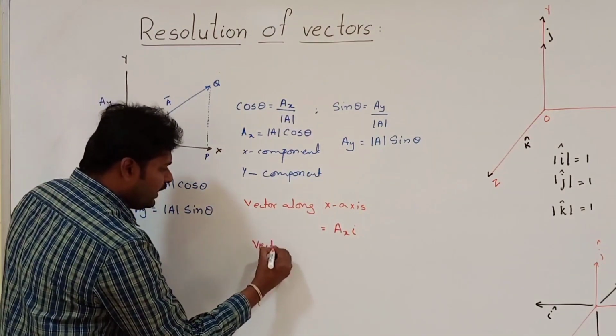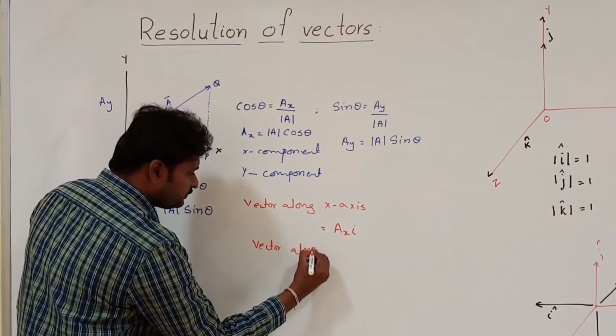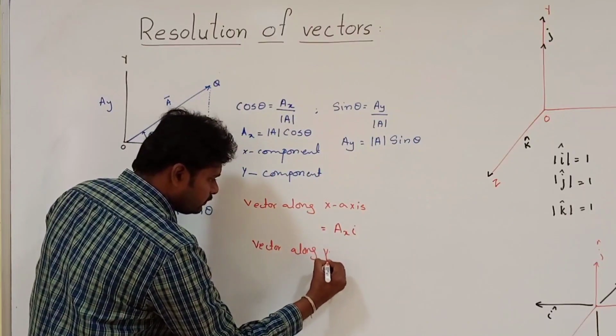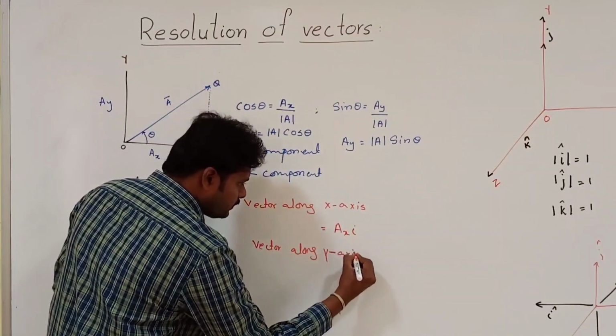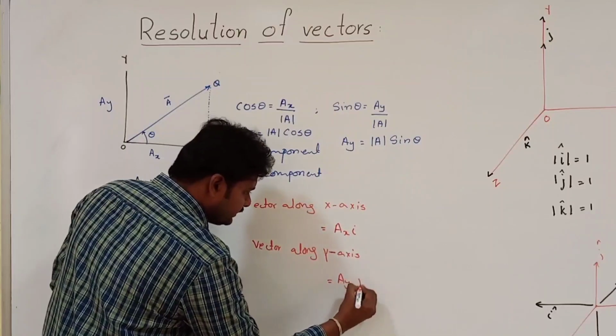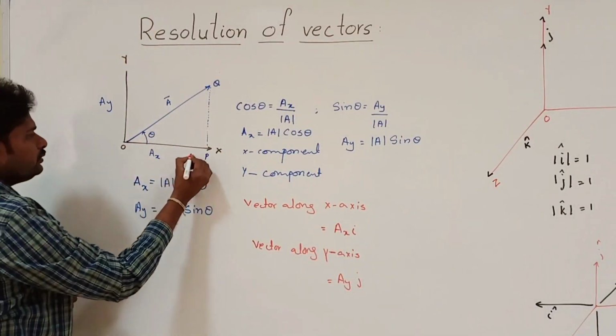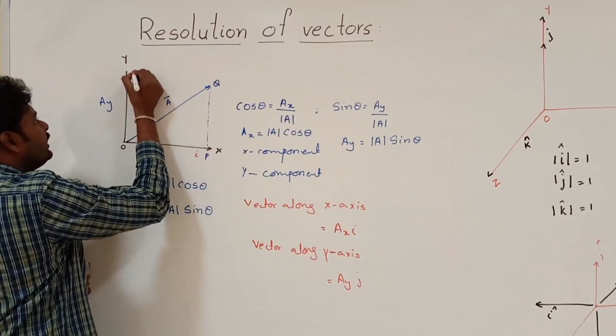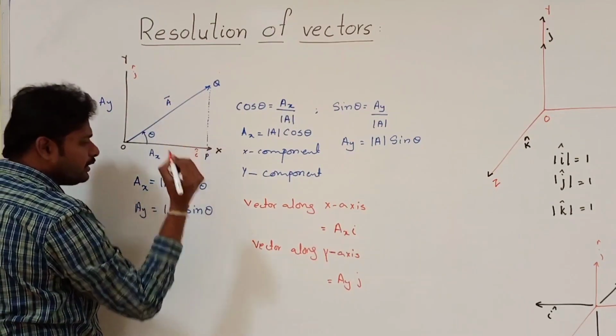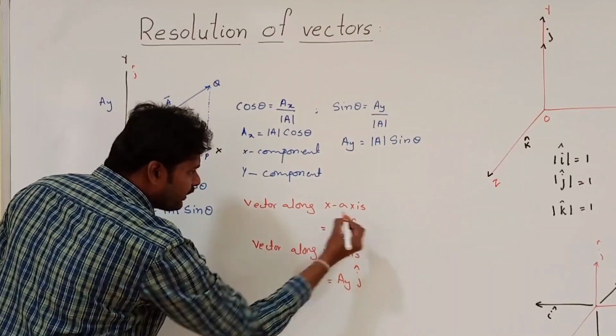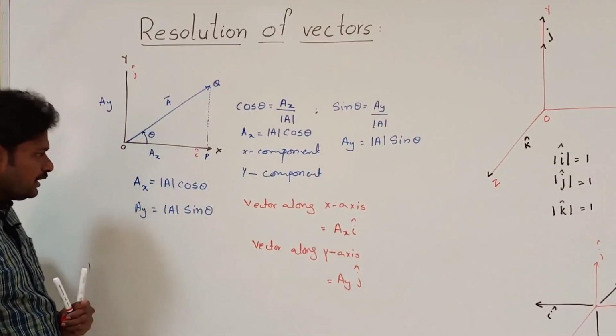Vector along the y-axis is AY j, which is pointing in the j direction. So you can write it as i cap, j cap. Cap is a representation of a unit vector which refers to a particular direction.